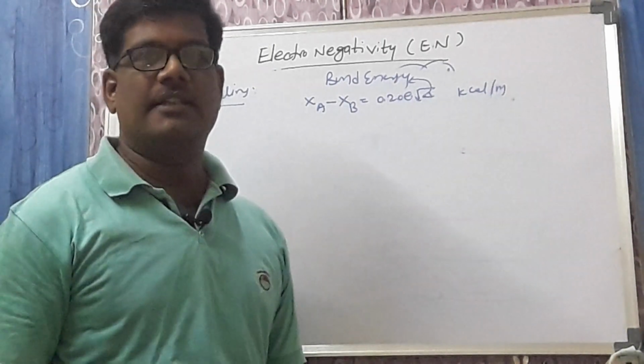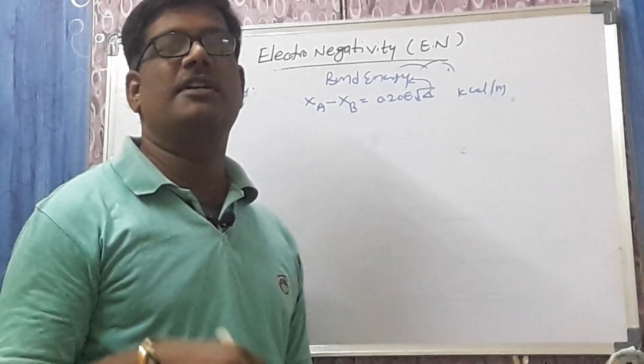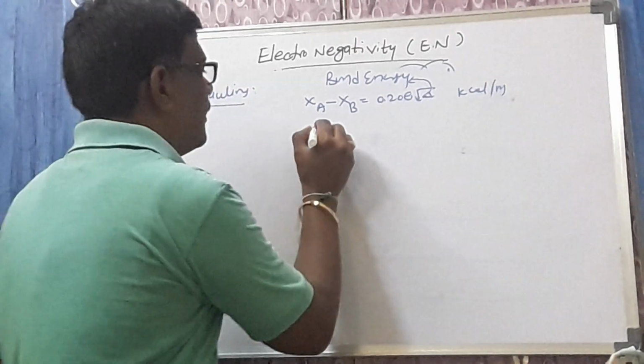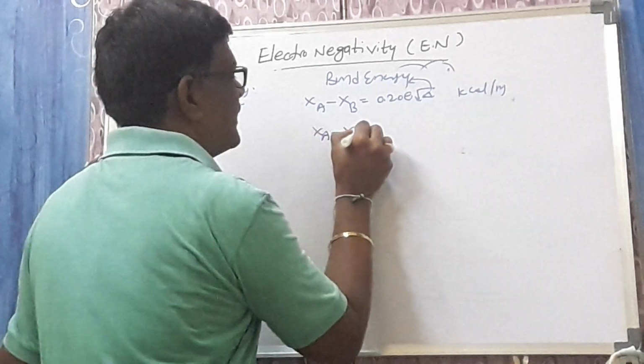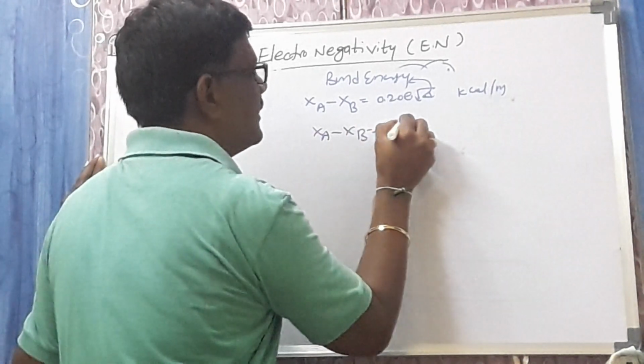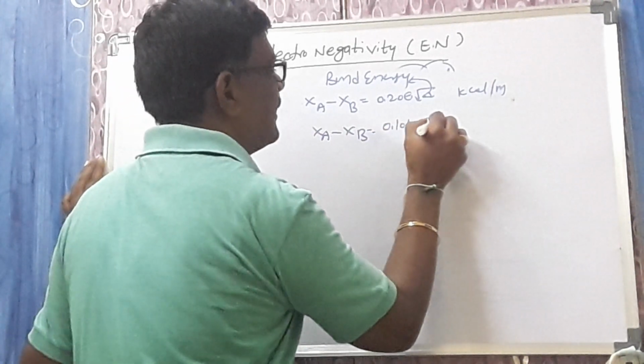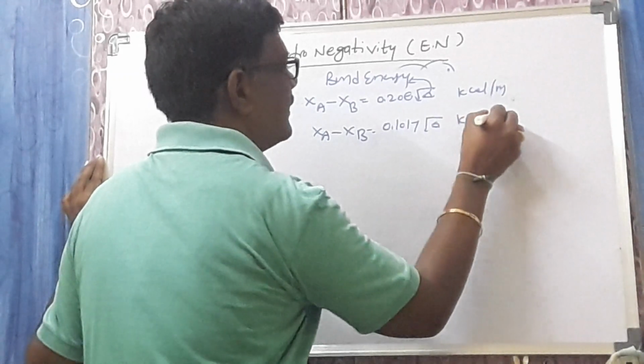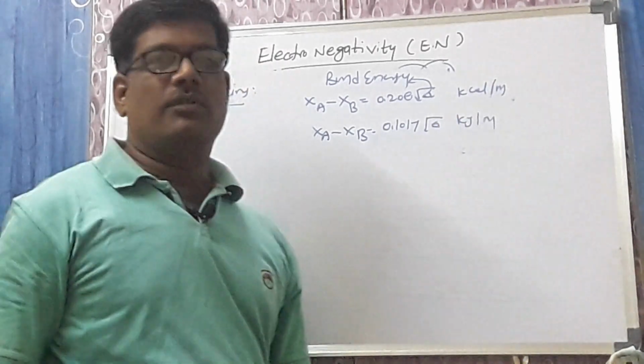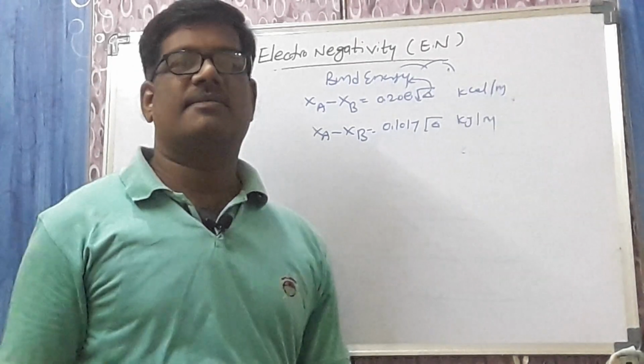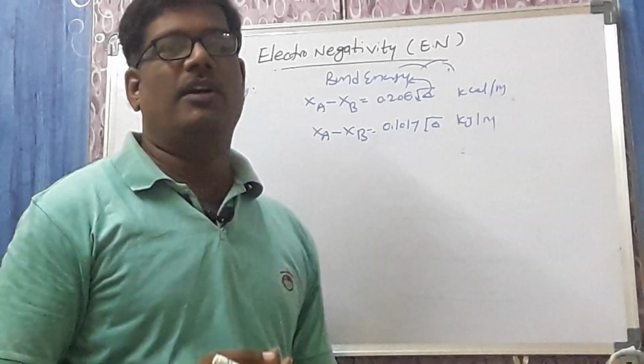Now the second equation: XA minus XB is equal to 0.1017 into root delta, whenever delta is given in kilojoules per mole. Kilocalories per mole, one equation; kilojoules per mole, one equation; depends on the bond energy.